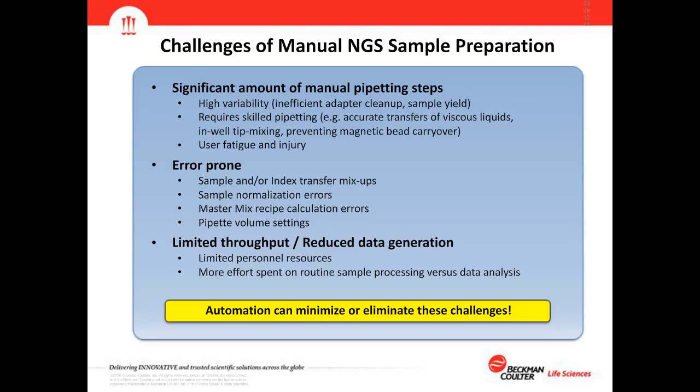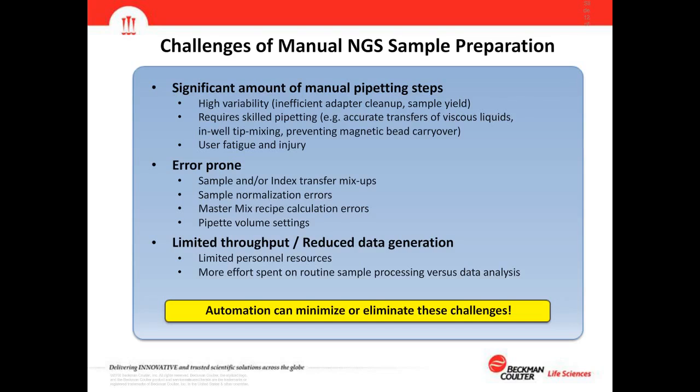By that, it is easy for users to introduce errors in the process. For example, sample or index transfer mix-ups, sample normalization errors, master mix recipe calculation errors, pipette volume setting errors. And overall, the throughput is limited, and that means you're facing reduced data generation.